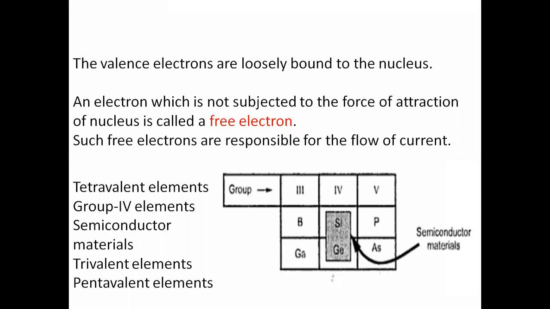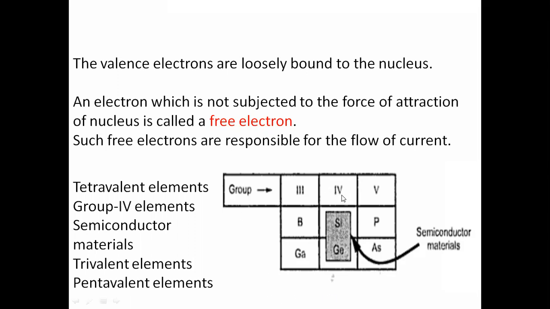Generally, we call the outer shell, or extreme shell, the valence shell, or valence orbit. Based upon the electrons in the outermost orbit, the elements are placed in the periodic table.